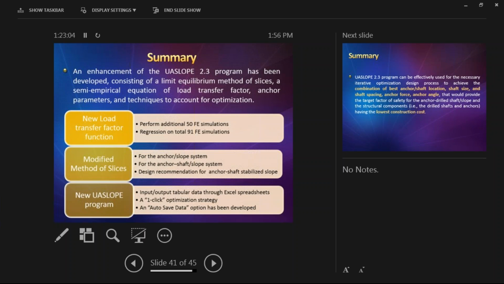And all this data now can be saved into a file for future reference. Okay, and additional capabilities to consider the anchor and also drilled shaft with anchor are also introduced. So these are, I guess, the aspects of the modification on the UASLOPE program.